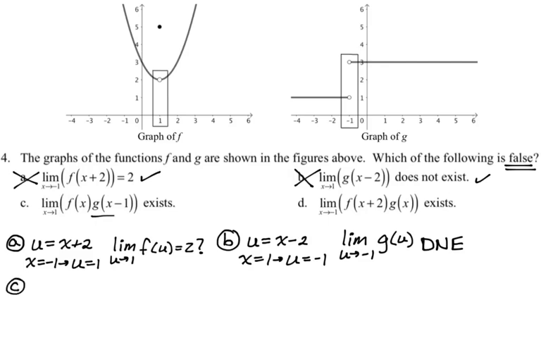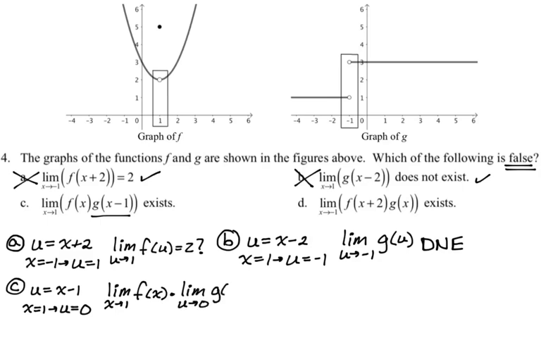All right, let's do C. So C, I'm going to break up a little bit. So I have the limit as x approaches 1 of f of x, and then I'm going to do a u substitution for the second part and see if that exists. I'm only allowed to break up a limit of a product if both limits exist. So this becomes the limit as x approaches 1 of f of x times the limit as u approaches 0 of g of u.